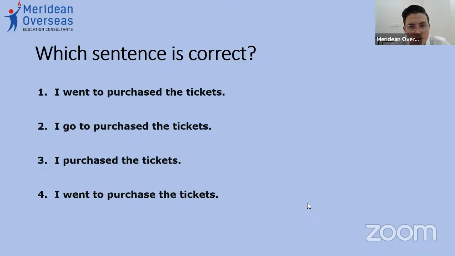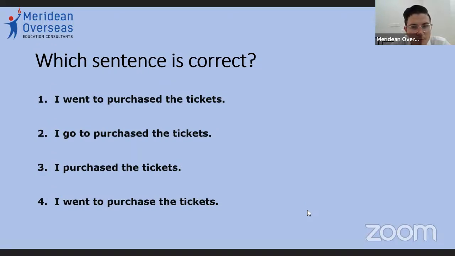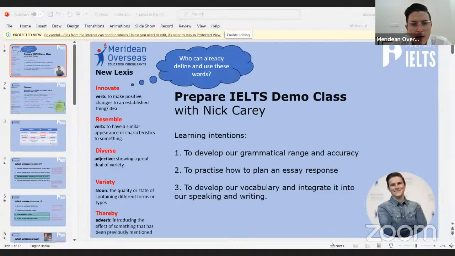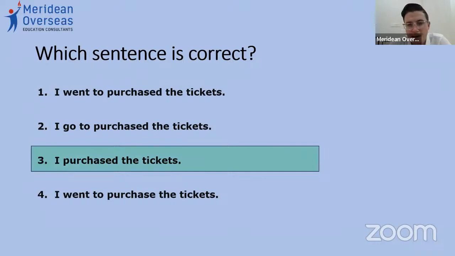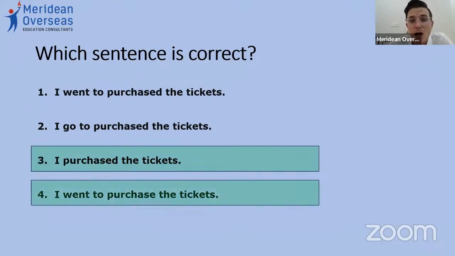I'll give you 10 seconds to consider which one, or maybe two, is correct there. And the answer is I purchased the tickets and I went to purchase the tickets. I'll explain why both of them are correct in a moment.